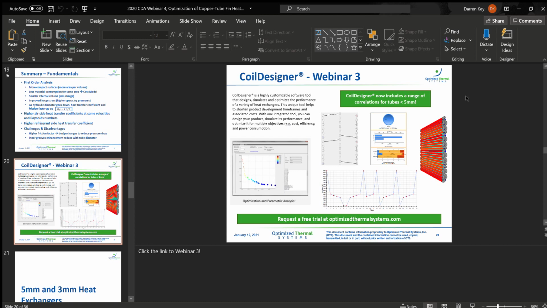But one thing that's changed since that webinar is that Coil Designer now includes a range of correlations for tubes less than 5 millimeters, which a lot of the heat exchanger tools out there don't have the capability for. So that's a space that you're looking to get into.